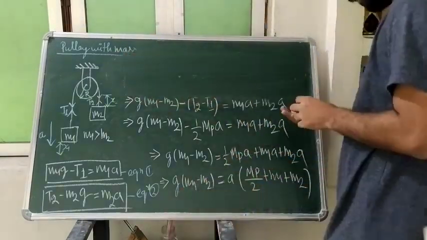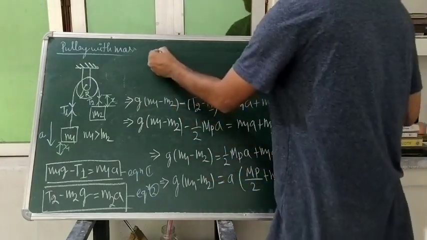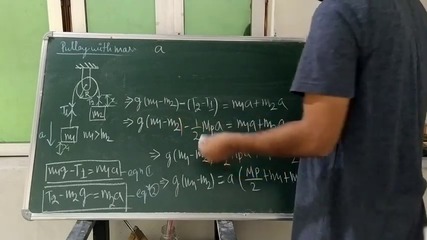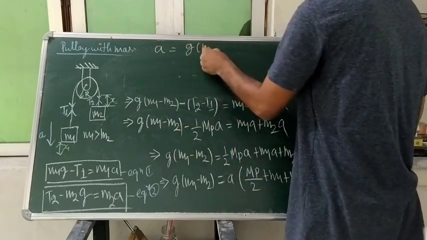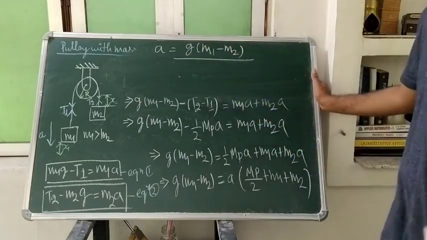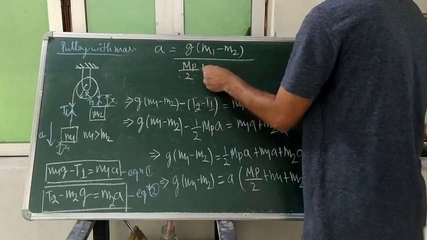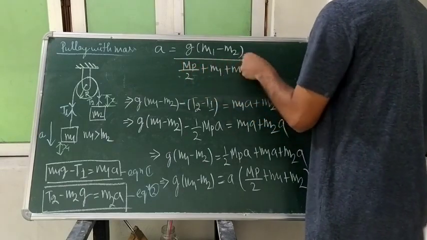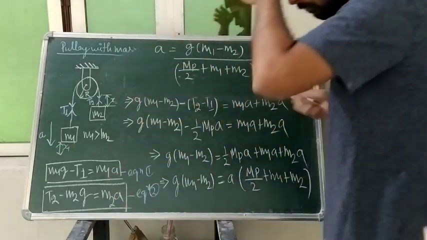So what will we get here? We will get that our acceleration will come out G times M1 minus M2. M1 is more, so M1 minus M2 divided by mass of that pulley divided by 2 plus M1 plus M2. Getting? Yes.